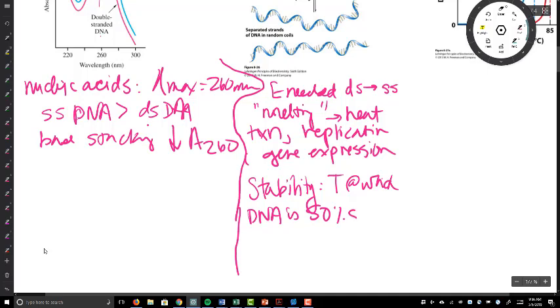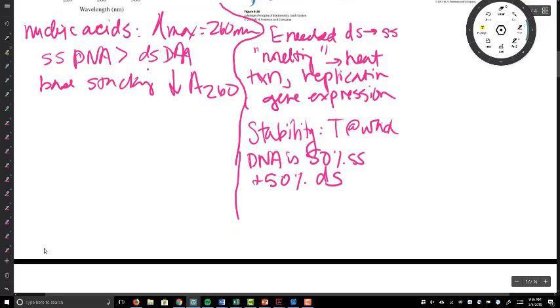So if you have a higher Tm, you need a higher temperature to denature. So you need to put more energy in to break up the DNA. And this indicates that it's more stable and it has stronger interactions internally.